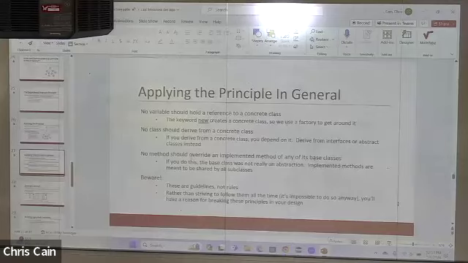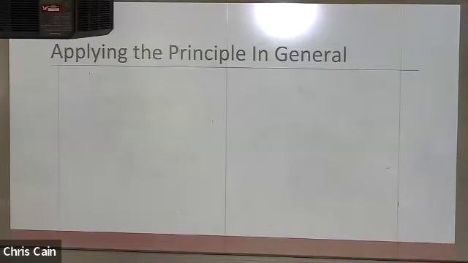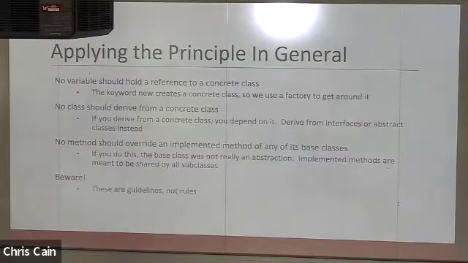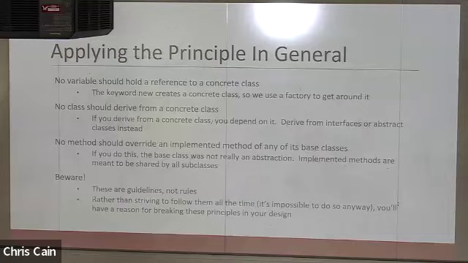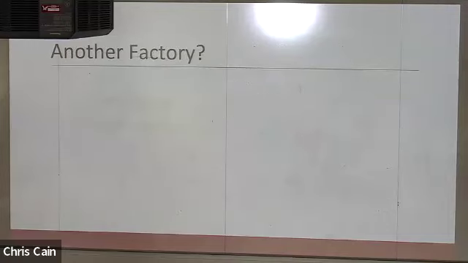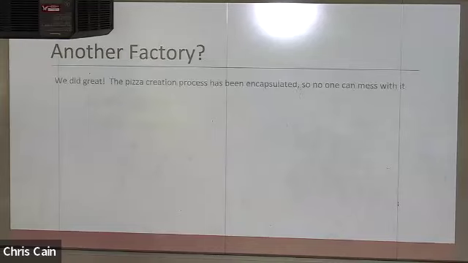So we're going to dive in right at the end of this, applying the principle, and we're going to talk about how to incorporate something that should probably be incorporated into this whole project. So far, we've done a good job. We encapsulated the entire pizza creation process. So now we can't have the end user hack into the pizza creation process and get in the way of it. It's encapsulated.